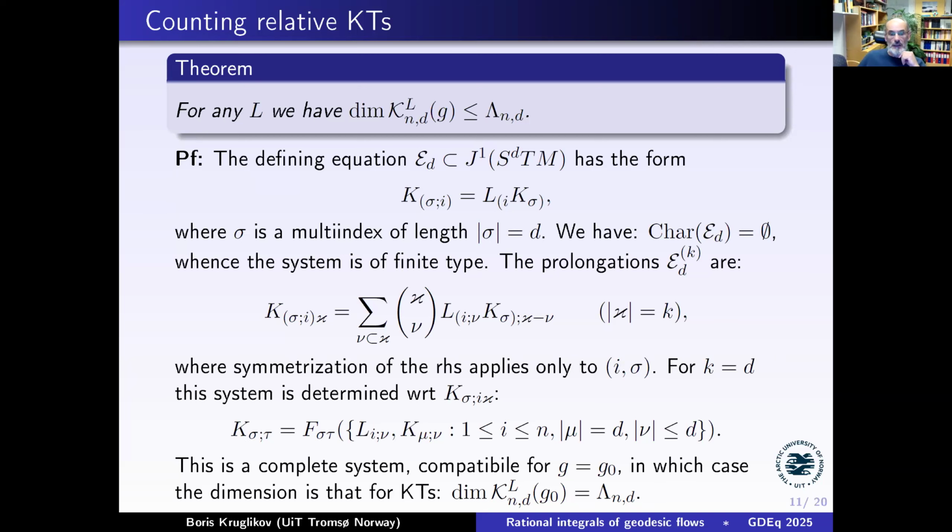Okay, so in fact, a natural conjecture would be that this is attained only for g0, or actually for constant curvature. But then one has to actually check that these compatibility conditions imply this. And in some lower dimension cases I checked this, but in full generality I couldn't. So this is still open.